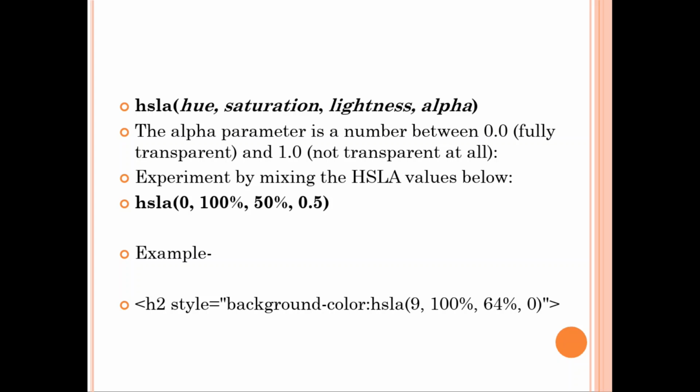We can use this as HSLA: hue value, saturation value, lightness value and the alpha value. If you want a particular color fully transparent, you will use 0, and if you want no transparency, you will use 1.